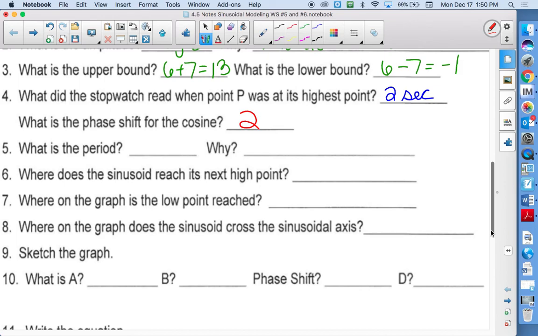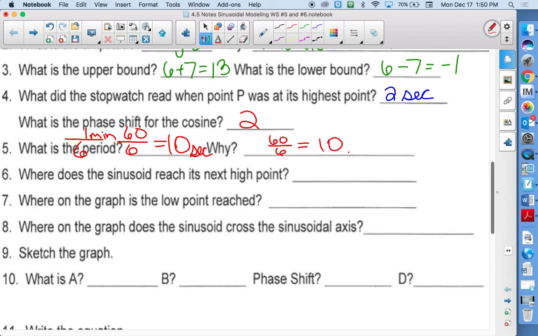Yeah, so it was 1 minute for 6 revolutions, but 1 minute is really 60 seconds for 6 revolutions, so the period is 10 seconds. So 6 revolutions in 60 seconds, 1 revolution in 10 seconds. So it takes 10 seconds for it to go all the way around. I guess I should have put my work over here. There was space.